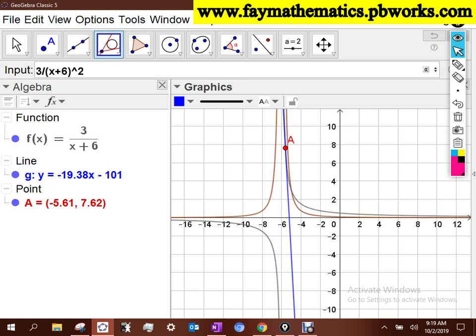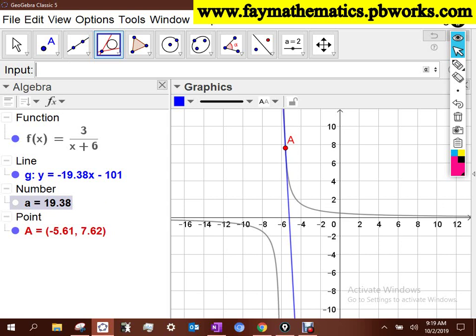Now that x value, I want that to be the x value of this point A, because that's where I want to find the slope at. Does that make sense? If I hit enter, that's the number that just generated. Is that the same as that slope?